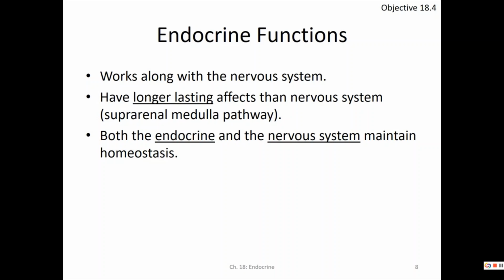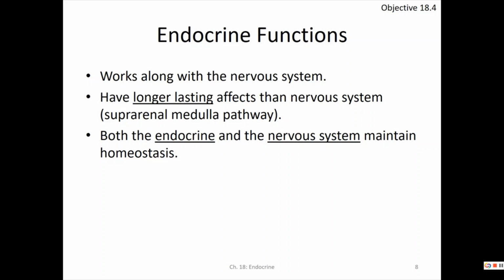Now, endocrine is like the tortoise. It has a very long-lasting effect. It's slow and steady. It takes a long time to make it work, but it lasts for a very long time.